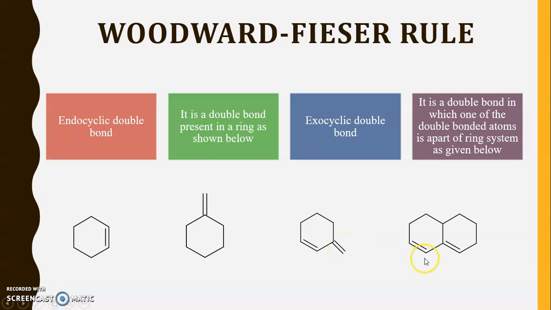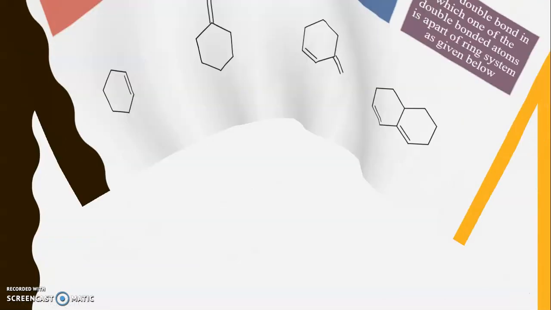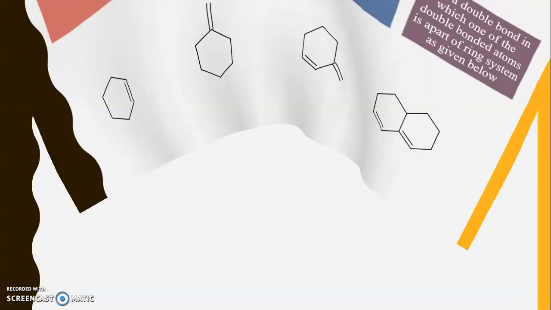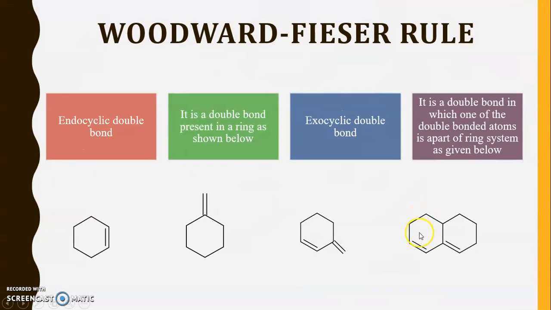Similarly, here you can consider this as A ring. This particular A ring consists of this endocyclic bond. Also, this is your heteroannular diene. This is also consisting of one double bond. Out of this, one is endocyclic to this ring. This double bond is endocyclic to this second ring.